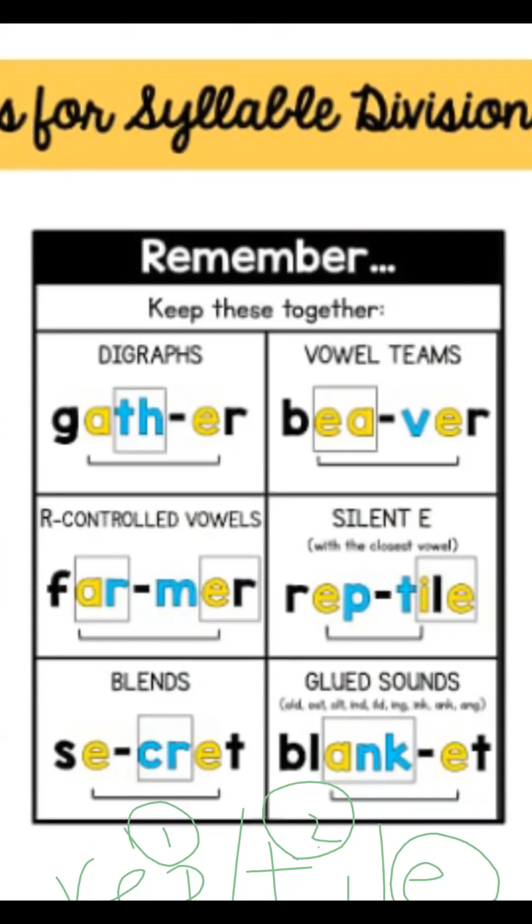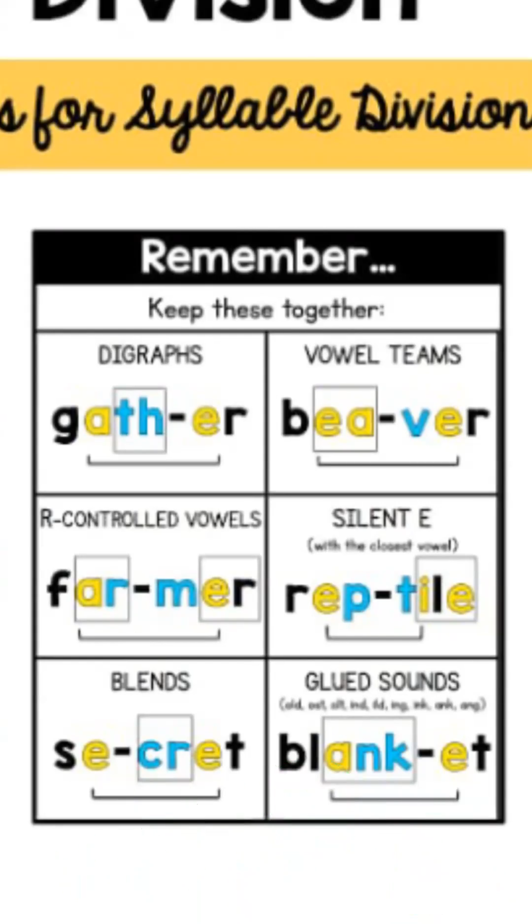It's silent. Now the word secret: again I told you that CR is a blend, so you cannot separate the blends. And in se, E gives the long vowel sound because it is an open syllable.